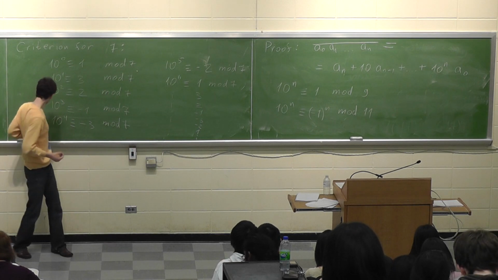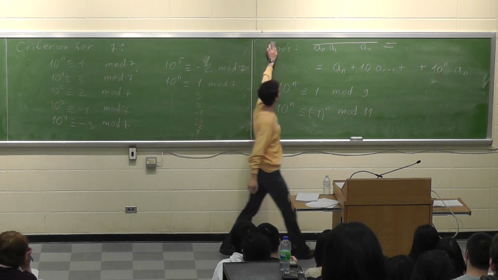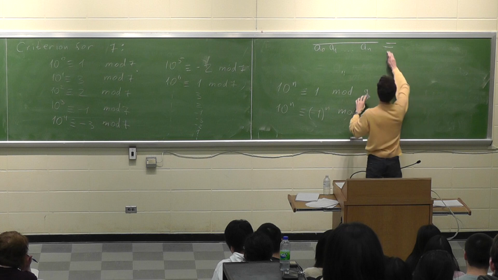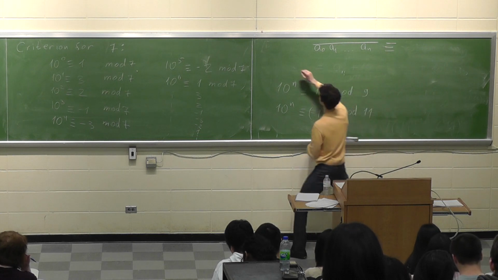So what is the criterion for divisibility by 7? Well, this number is congruent to the following thing.